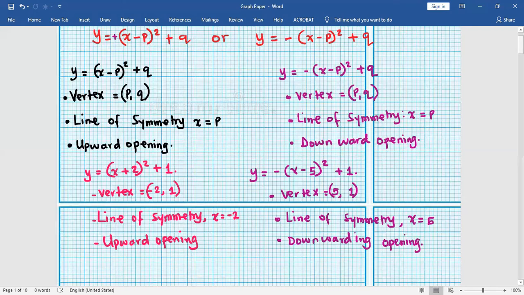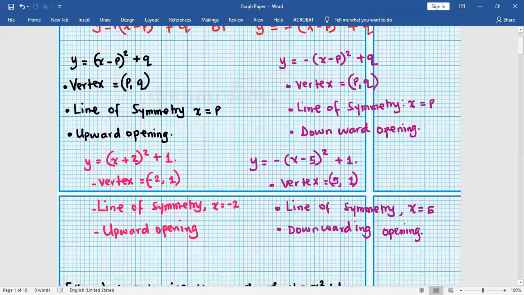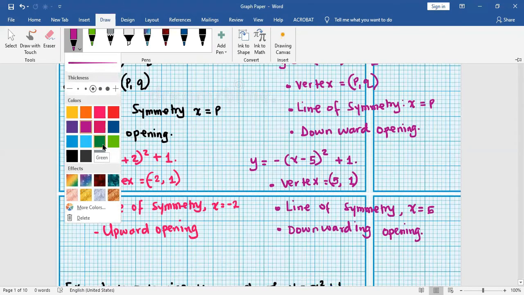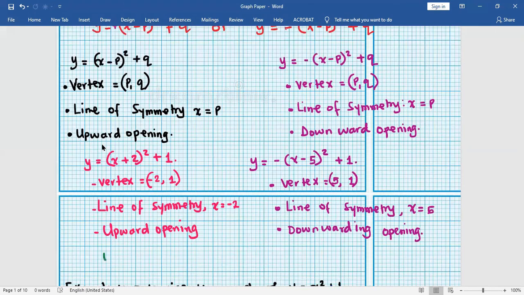Okay, so I hope that is very well understood. Sometimes you may have a function that is written in this form. Let's say you have y is equal to x squared plus 1. This actually means that y equals (x plus 0) squared plus 1.